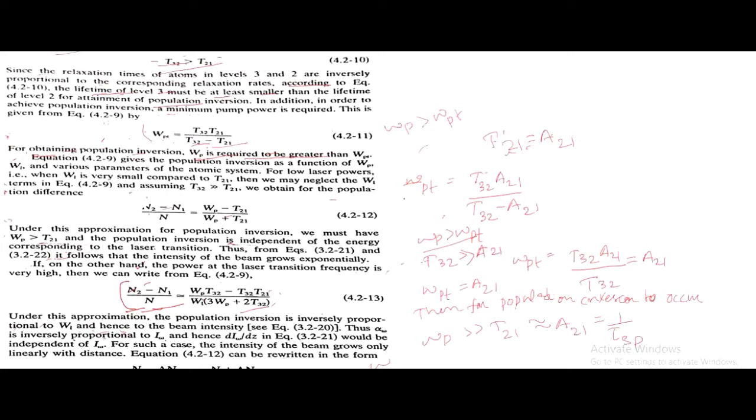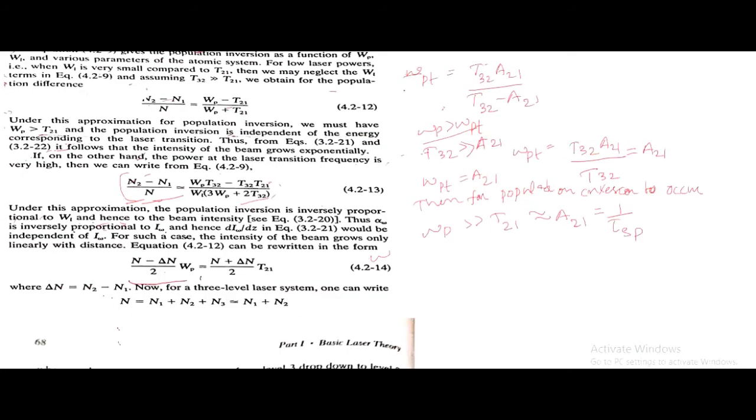So if we follow this approximation, we can say that the population inversion is inversely proportional to Wi. (N minus delta n by 2) into WP equals (N plus delta n by 2) into T21. Here delta n equals n2 minus n1.